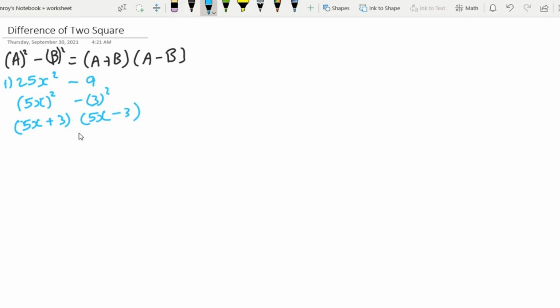And this would be us writing it in the difference of two squares. 5 times 5 gives 25. Right? And we can solve it.